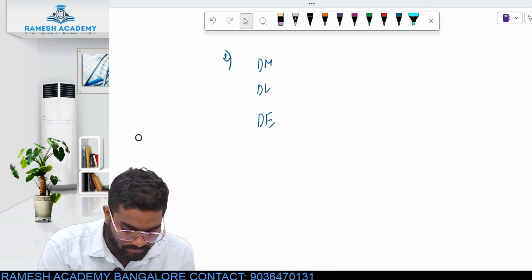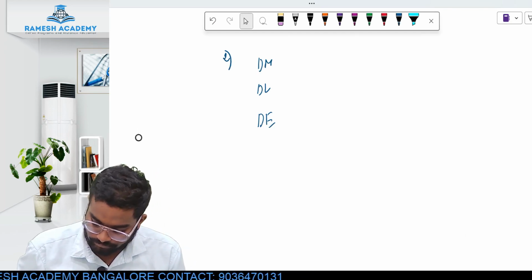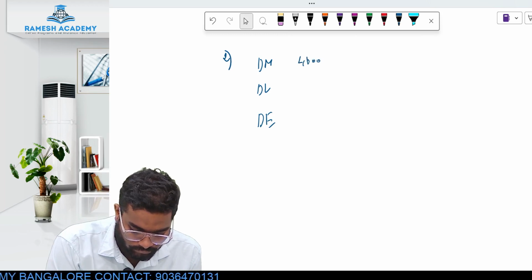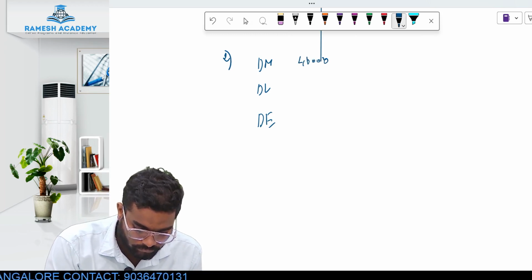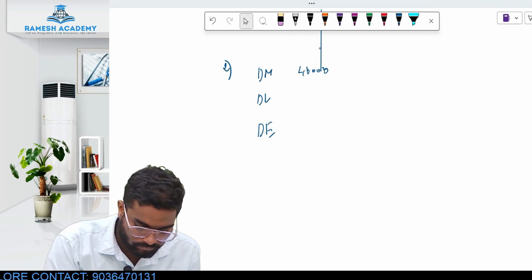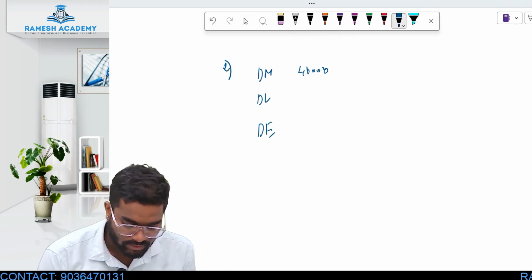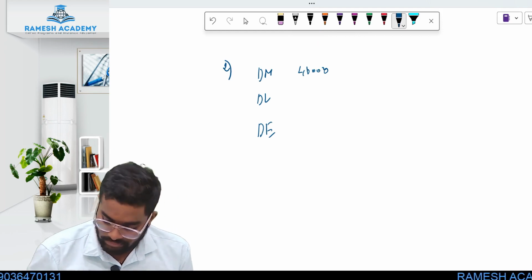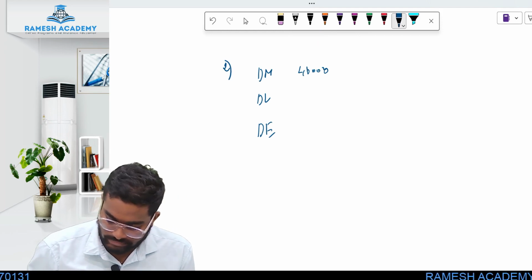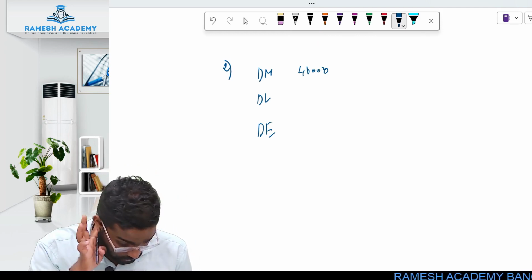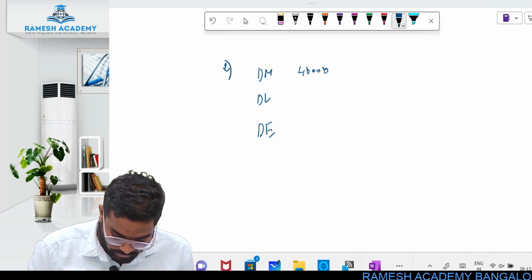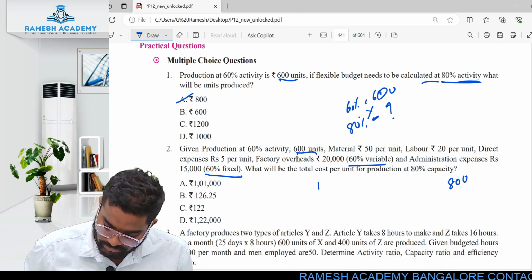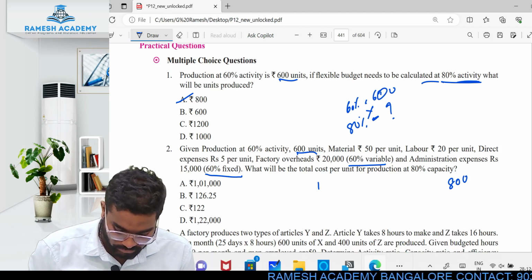So direct material 50 into 800, 40,000. Next we have direct labor, 20 rupees, so 20 into 800, it is 16,000.